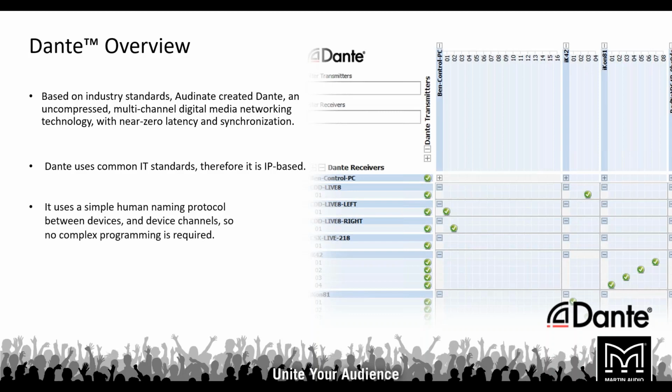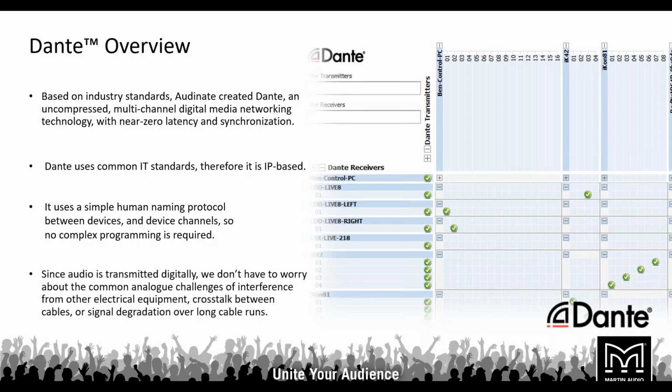It also uses simple human naming protocol between devices and device channels, so we don't need to know any complex programming. As you can see in the picture there, things are simply named Ben Control PC and iK42, for example. And since it's completely digital, we don't have to worry about common analog challenges of interference from other electrical equipment, crosstalk between cables, or signal degradation over cable runs.